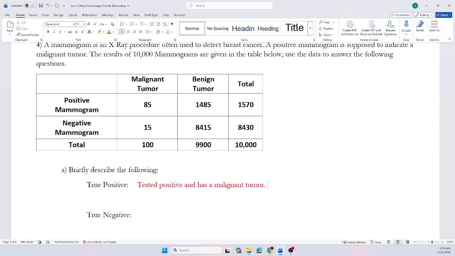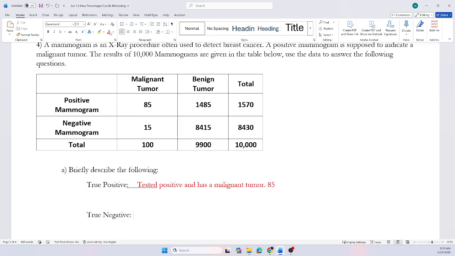The whole idea is that if you test positive, the test is indicating you have a malignant tumor. So it's positive in that you tested positive. It's true in that the test is correct. So if we look at the table, there are 85 true positives, right? There are 85 patients who tested positive and have a malignant tumor.